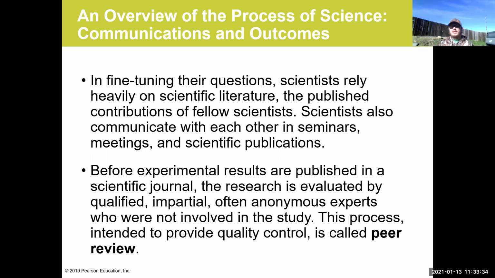Generally, it's anonymous. Sometimes people will say who they are, but it's generally this anonymous process where experts in your field will review your work. They will look at the quality of your research, your experiments, your data, and they will determine whether or not it's sufficient enough to be published in the scientific community, to be published in the literature.